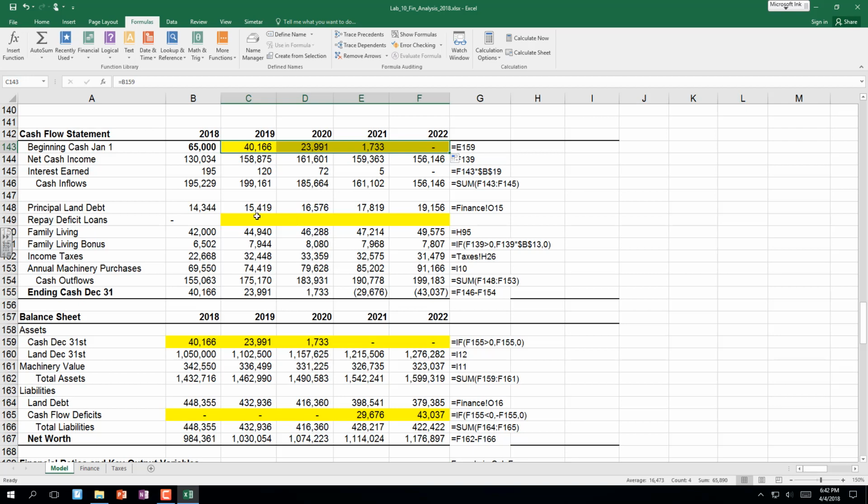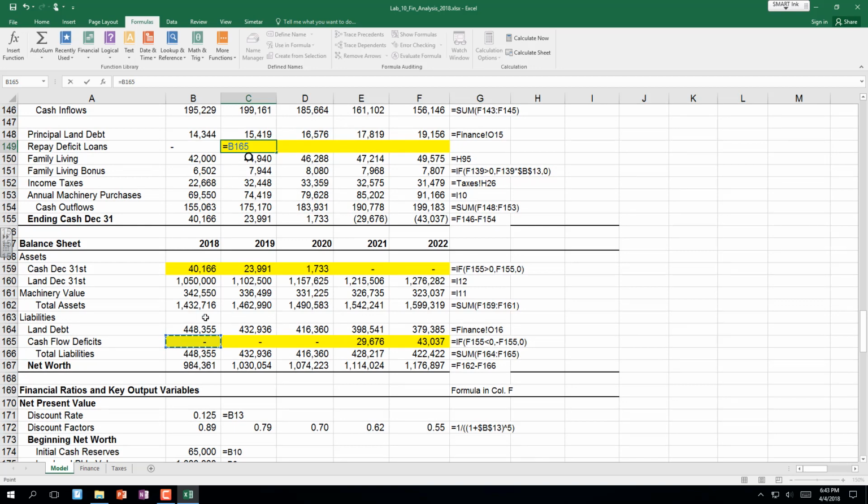Now, where does this number come from? This is a deficit. These numbers down here in this row are liabilities. The only way you can go from one year to the next with a deficit is if you get a short-term loan and the banker wants that repaid. So I'm going to repay that loan. It's going to be equal to that cell there.